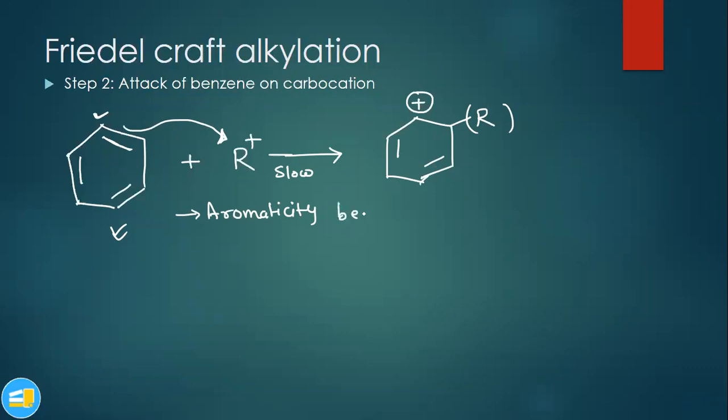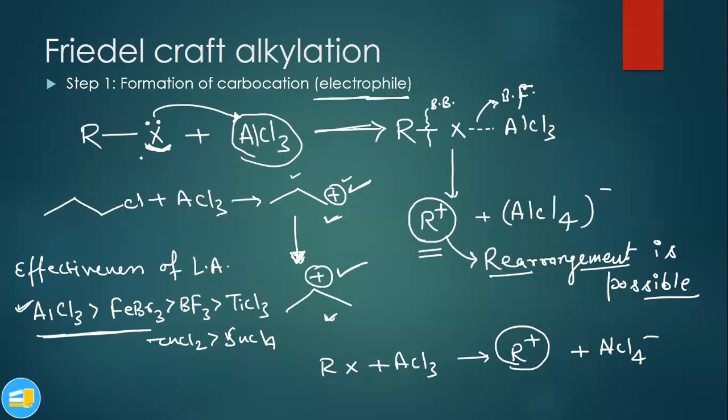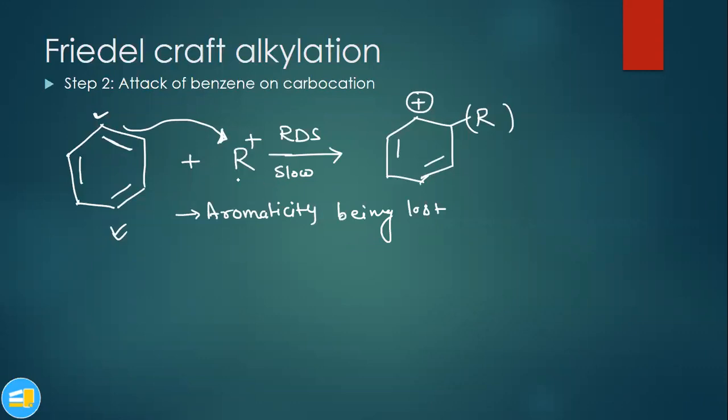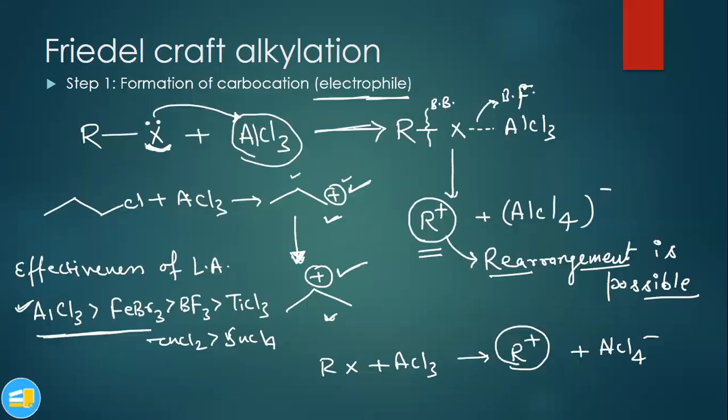Due to loss of aromaticity, the step will be very slow, and that is why this step is the rate determining step. Although the previous step is also slow, out of these two this one will be highly slow, because one highly stable aromatic compound is being converted into a less stable non-aromatic compound. In the previous case, a non-aromatic compound forms a carbocation.